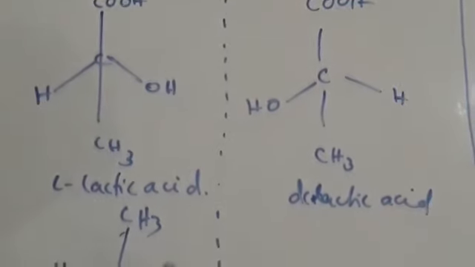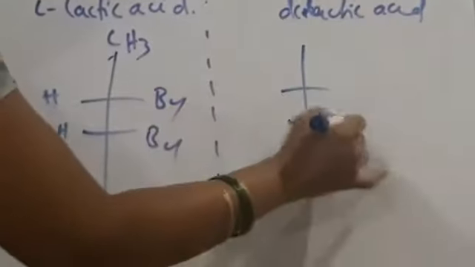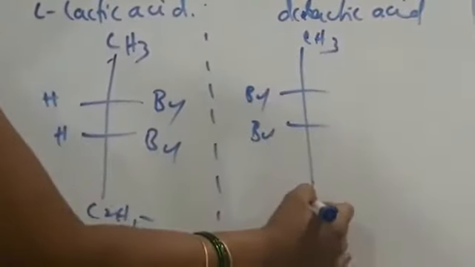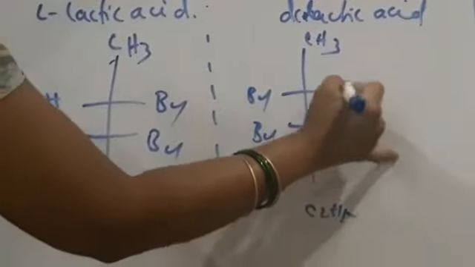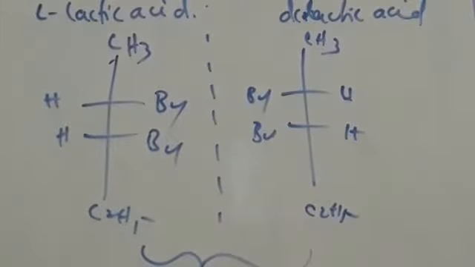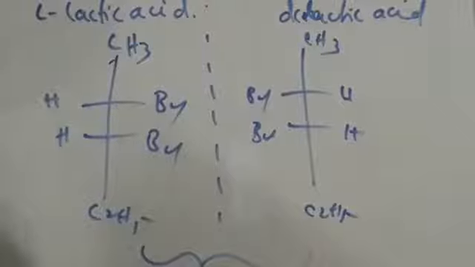If a mirror is there, this is the mirror image of it. Both are mirror images but not superimposable mirror images. That's why these are enantiomers. Enantiomers are non-superimposable mirror images.